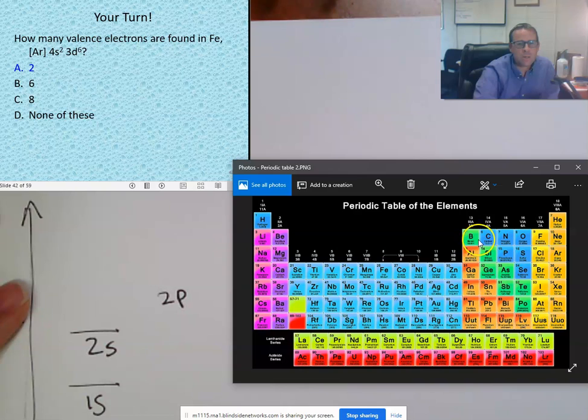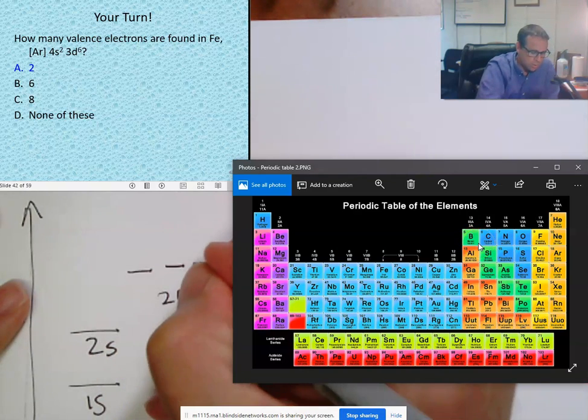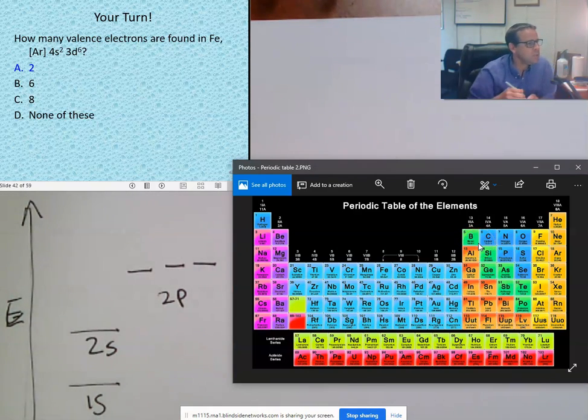Now, how do I know that I need to write 3 of these? Do you know, Chance, how I know I had to write 3 of these based on our periodic table? Any ideas? Is it because there are 6 elements?